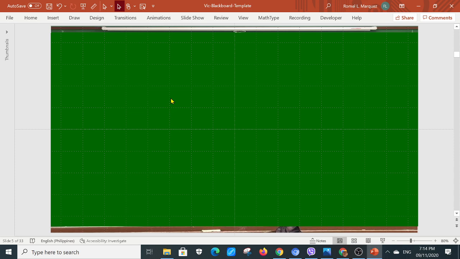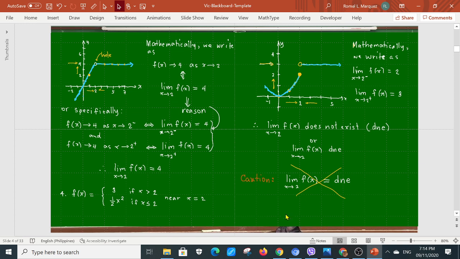But by the way, what can you say about the value of the function here? The value of the function at x equals 2 is defined, no? f of 2 is equal to what? Is equal to 2. Which is equal to the limit as x approaches 2 from the left of f of x, which is 2.